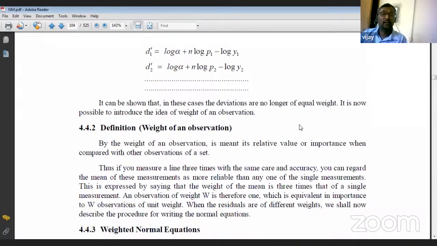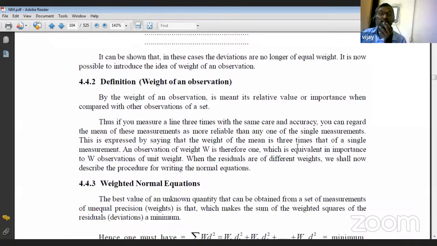Again, in the deviations, it is possible to introduce the idea of weight of an observation. By the weight of an observation, we mean its relative value or importance when compared with other observations. Thus, if you measure a line 3 times with the same care and accuracy, you can regard the mean of these measurements as more reliable than a single measurement.